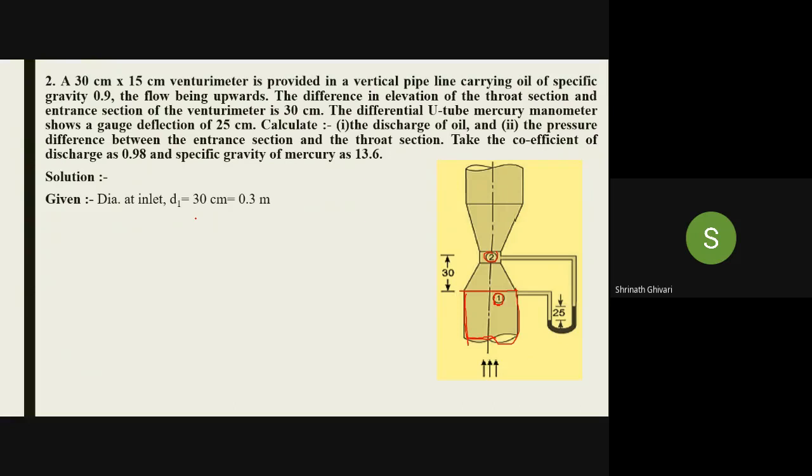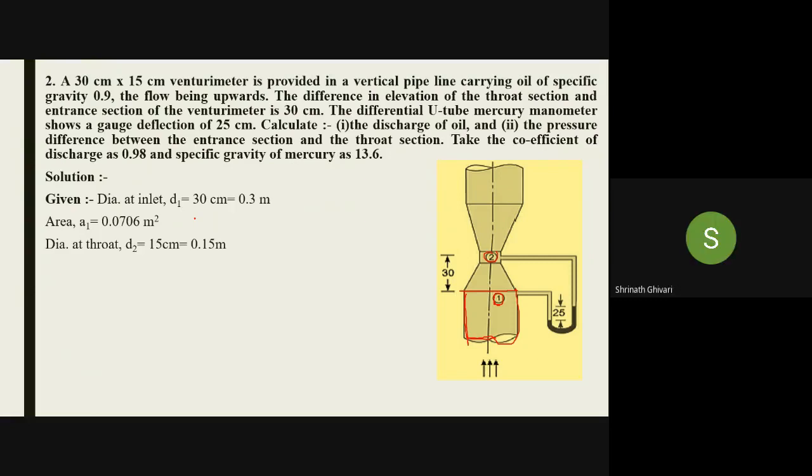the diameter at inlet is 30 centimeter, 0.3 meter. What will be the area? 0.0706. What is the diameter at throat? D2. What will be the area for this? How will you calculate A2? Pi by 4 d square.